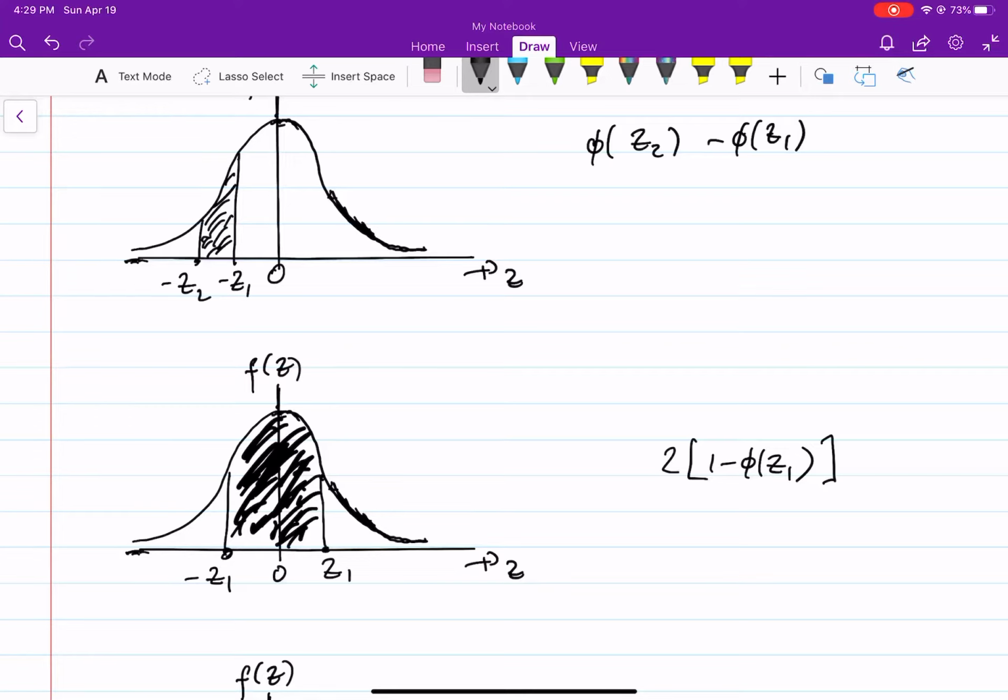If I take those unshaded regions away from 1, that will give me the shaded portion in the middle. Seems logical. Let's simplify this. Open up the brackets: 1 minus 2 plus 2 phi of Z1. So this ends up being 2 phi of Z1 minus 1.